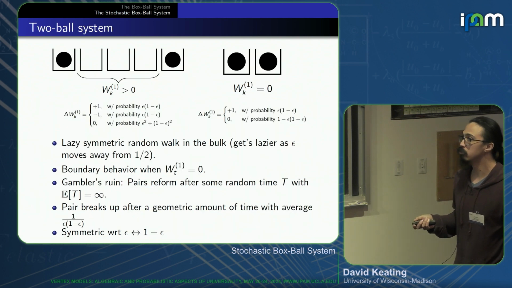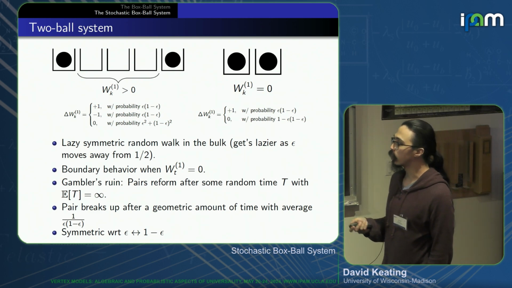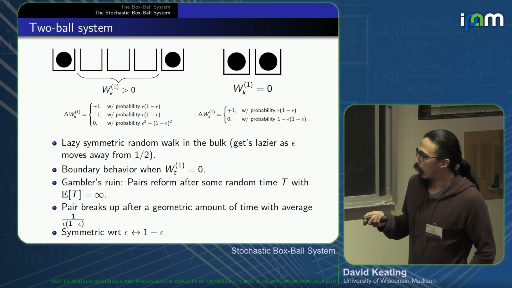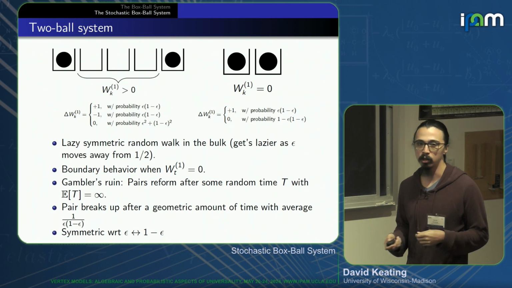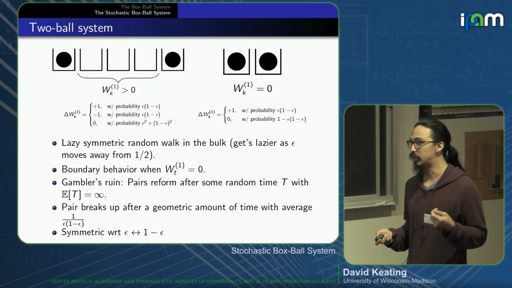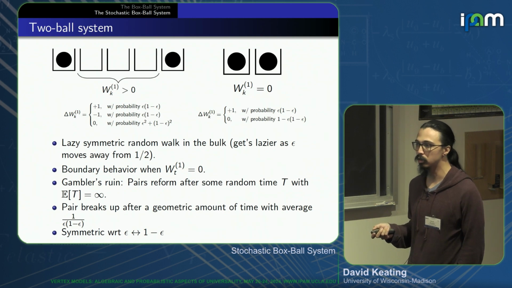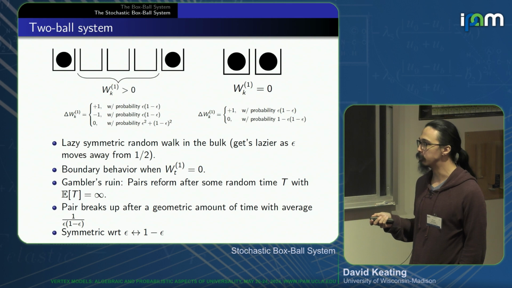The simplest case would be if I just started with 2 balls, and we can look at the increment of this Markov chain. If the balls are spread out, so we're not at 0, we're in the bulk, this behaves just like a lazy symmetric random walk, and it gets lazier as our failure probability moves away from 1/2.